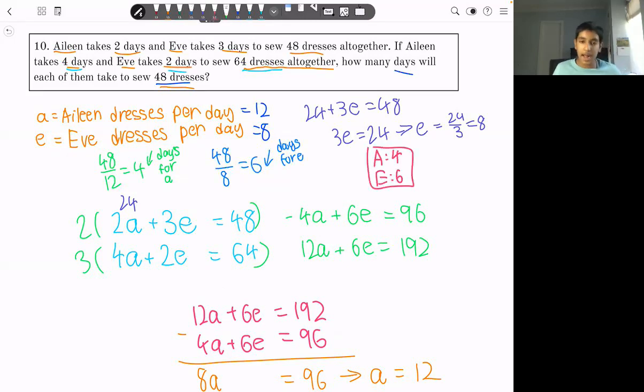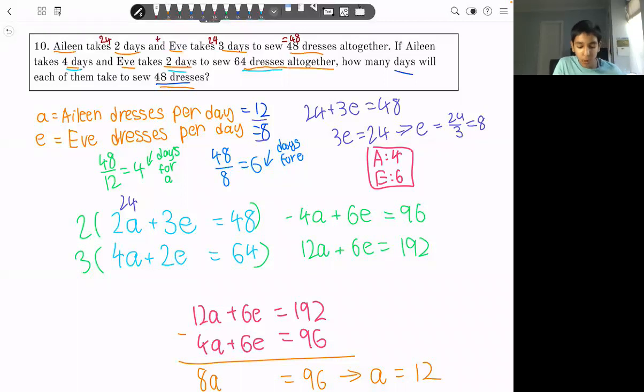We can always plug these numbers back into our problem. If Eileen takes 2 days, she makes 24 dresses. Eve takes 3 days, so 3 times 8 is 24 dresses. 24 plus 24 is 48, so the first statement is correct.